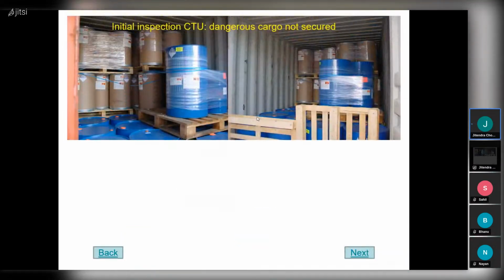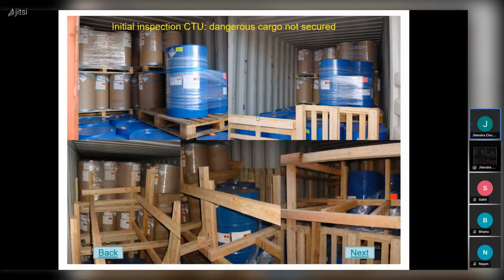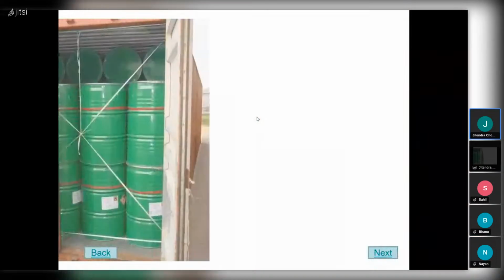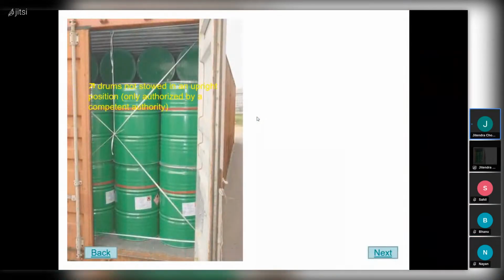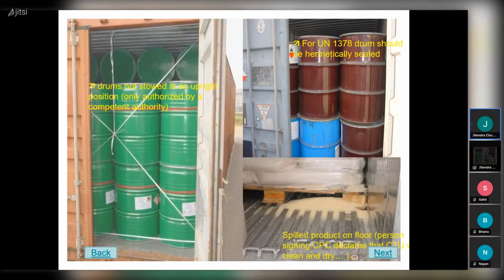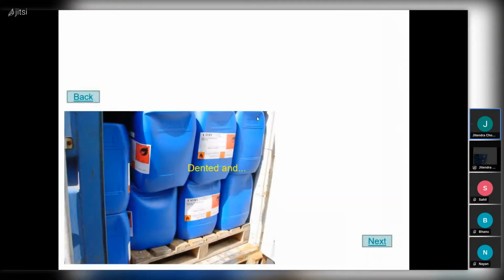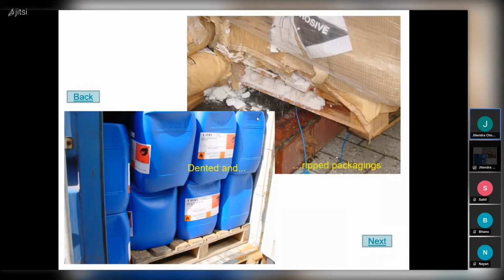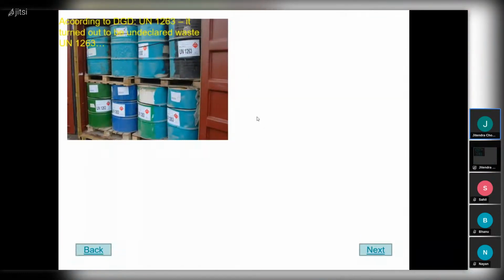Dangerous cargo not secured. Cargo secured prior to shipment. Drums are not stored properly. Drums should be hermetically sealed as per the requirement. Gas sealed. Spill protection. If cargo is spilled, it is all over the floor. Dented, ripped, open packaging. Undeclared waste.